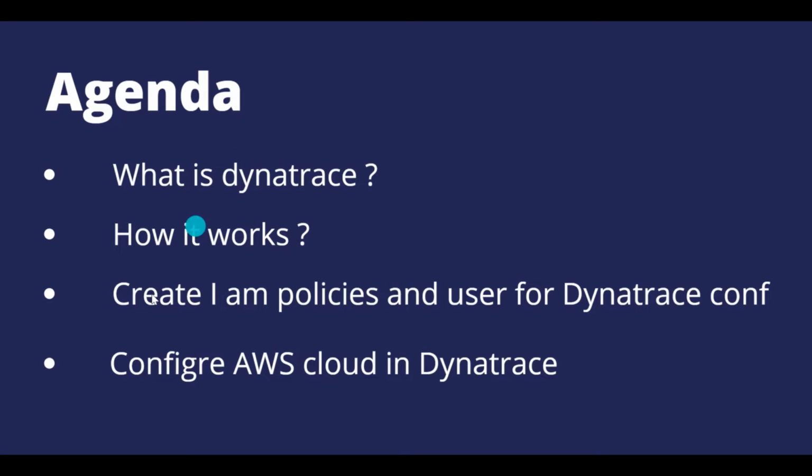After that, we are going through the process where I'm going to integrate the AWS Cloud with the Dynatrace, and what the process required in order to achieve that is something we are going to discuss. So you can see on the screen, we need to create one IAM policy and the user, so we can later attach that policy to that user. And finally, we will configure the AWS Cloud into Dynatrace. So this is the agenda.